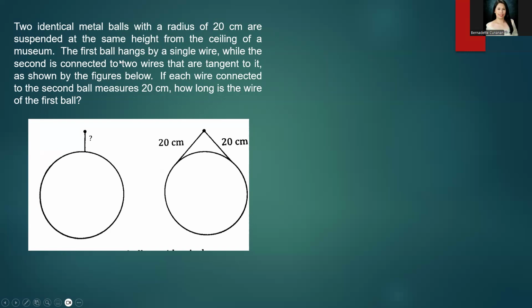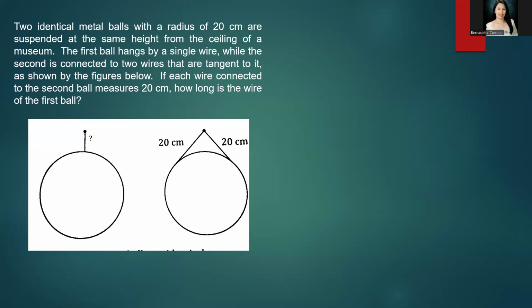Now, the first ball hangs by a single wire here, while the second is connected to two wires that are tangent to the circle as shown in the figures. So each wire connected to the second ball measures 20 cm. The question here is how long is the wire of the first ball?